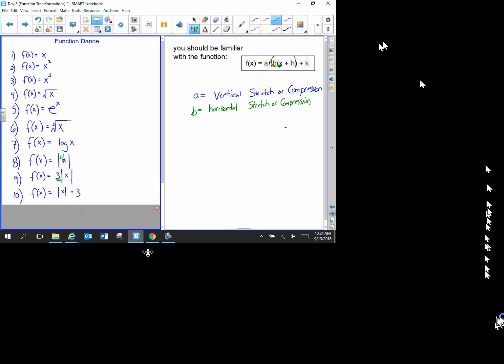The h value is the horizontal translation. So that's going to be this movement, or this movement going that way. So we have a horizontal translation.